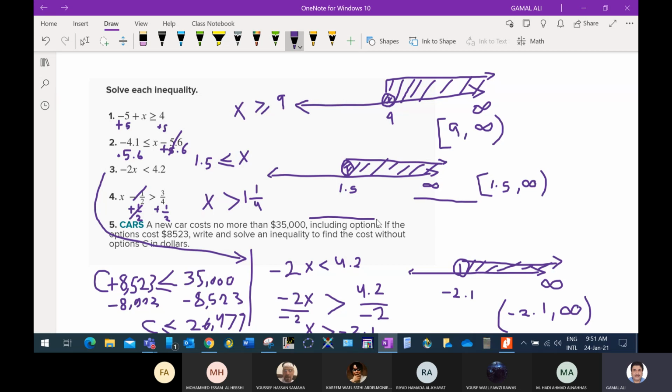Make the number line, and this is the 1 and 1/4, greater than. It will be like this. We will shade all this area except the 1 and 1/4. Why? Because here it is a greater than only, to infinity. How can you write it as an interval?